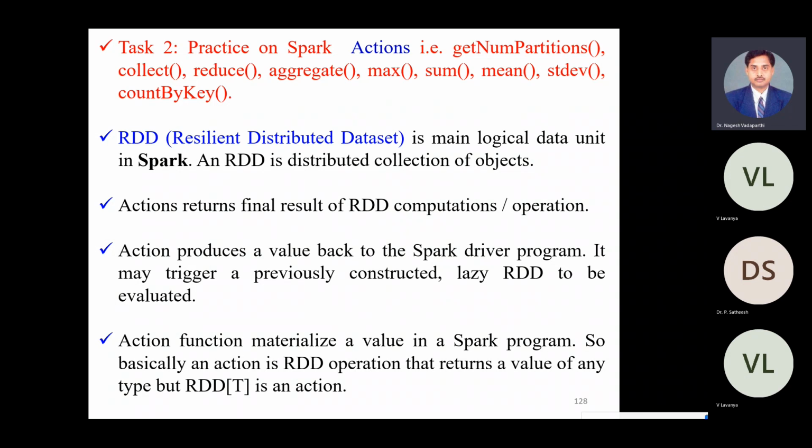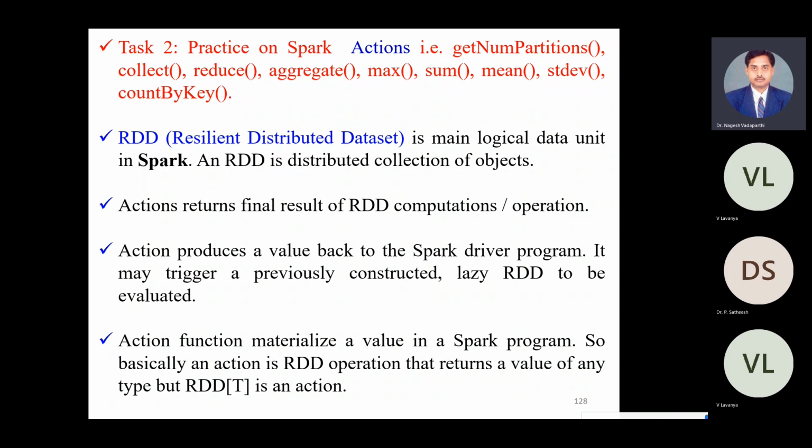It may trigger a previously constructed lazy RDD to be evaluated. So an action function materializes a value in a Spark program. Basically, an action is an RDD operation that returns a value of any type.